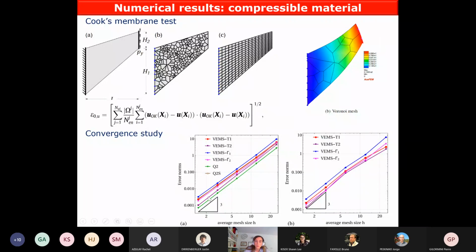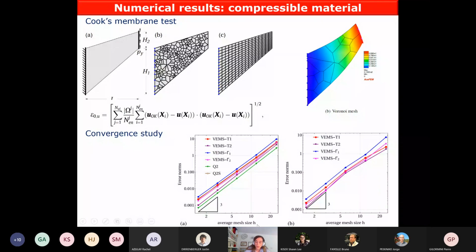In this case, both for regular meshes and for Voronoi meshes, it is possible to see that the VEM formulation leads to an optimal convergence rate that is 3. So in these plots, we are plotting this error norm with respect to the average mesh size.